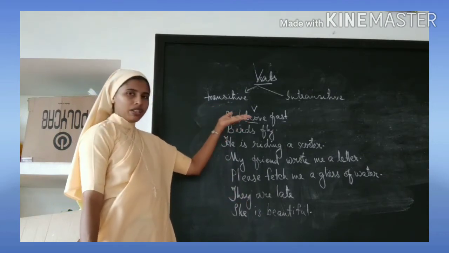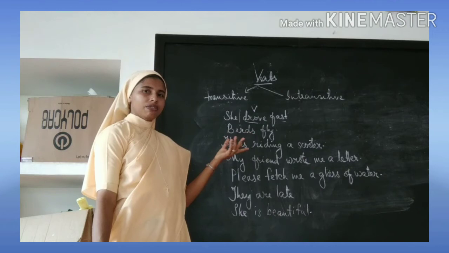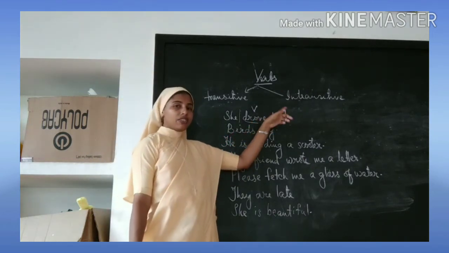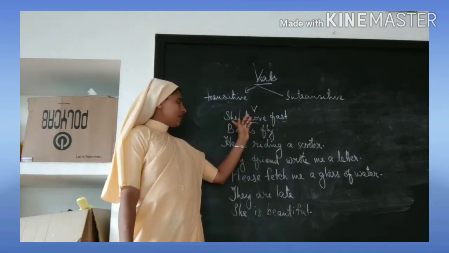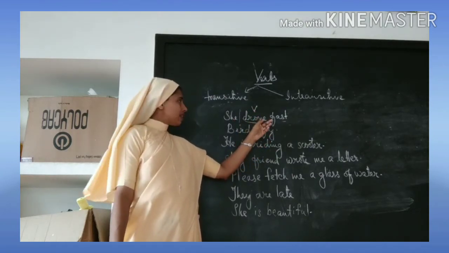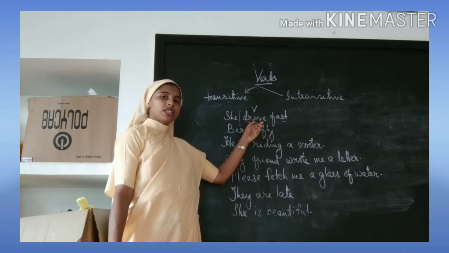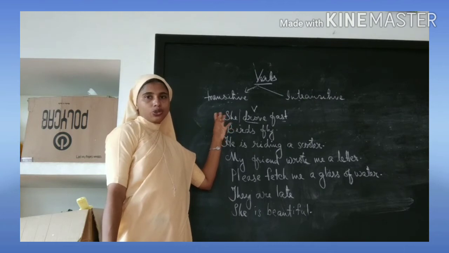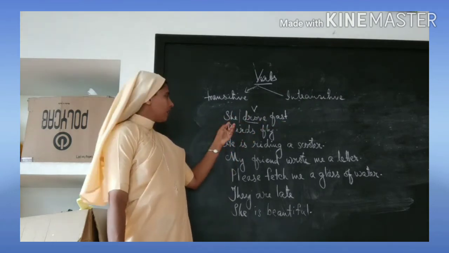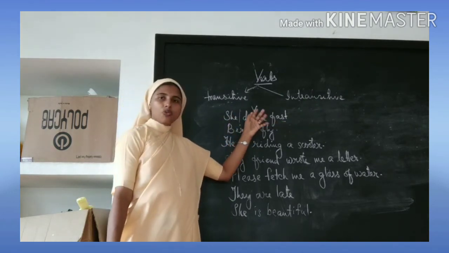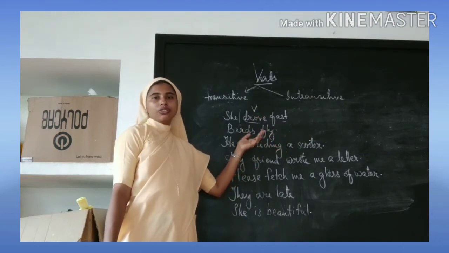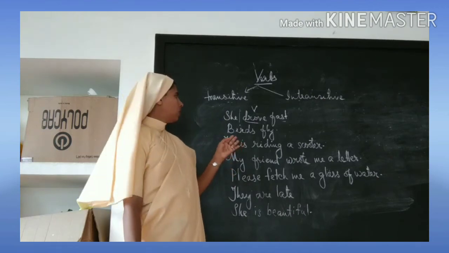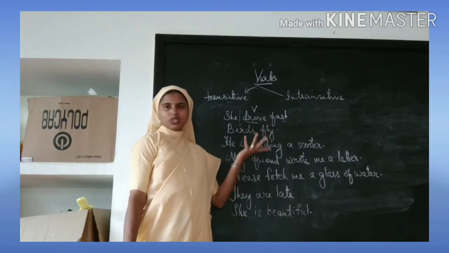So, tell me, can you identify whether it is a transitive verb or intransitive verb? Does it have a receiver of the action? She, subject. Does the verb progress from subject to receiver, from doer to receiver? She drove what? If there were an answer, definitely there would be an object. Or she drove whom? That's not possible.